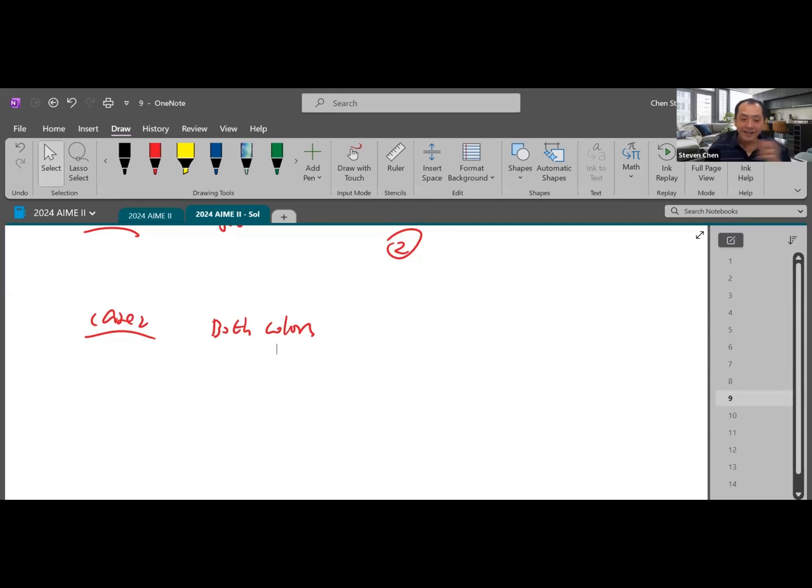Okay, so this leads us to the second observation. Let's say white. How many columns can be occupied by white chips? We know its number is at least 1. But since the number of columns occupied by black is also at least 1, and the total number of columns is 5, the number of columns occupied by white cannot be more than 4.